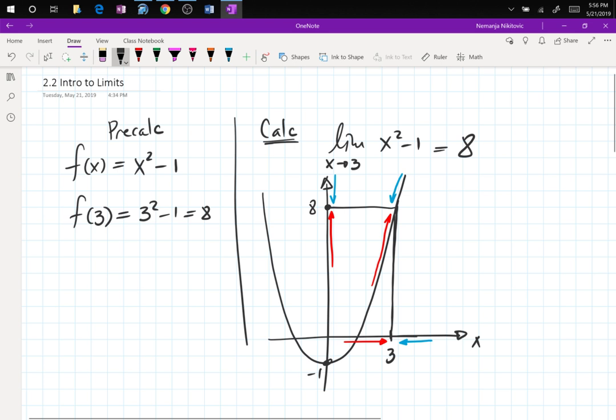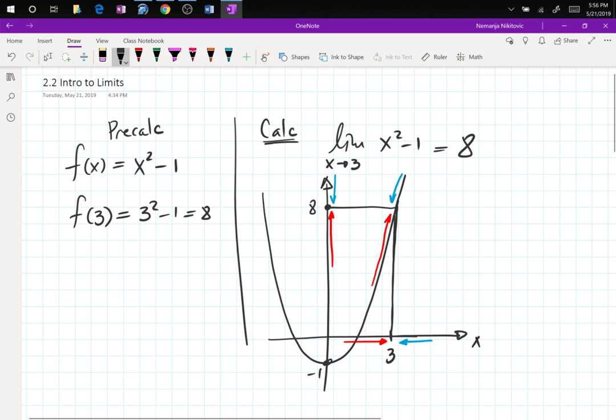So, conclusion of the first example, I am restating it now. Because the limit from the left and the limit from the right are both 8, the overall limit is 8. Now, the second sentence in that theorem says, otherwise, limit does not exist.